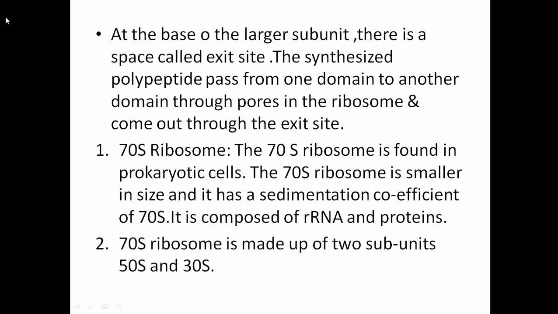This 70S means the sedimentation coefficient of these ribosomes is 70S, and they are made up of two subunits. One has sedimentation coefficient 50S, and the other has sedimentation coefficient 30S. So it is not the addition of these two, 50 plus 30 is equal to 80, but it is not like that. It just stands for the sedimentation coefficient of the subunits.